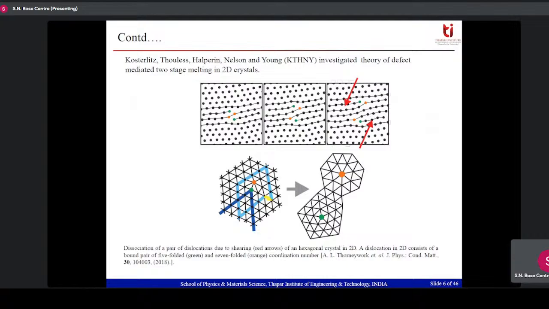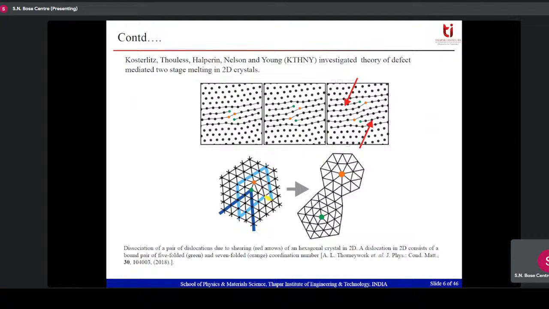Okay? And then if you increase the temperature, so this is a pair of dislocations. As you increase the temperature, this dislocation pair gets separated out. And when that happens, you get, so this is a 2D solid phase, this is a 2D hexatic phase, and this is still a hexatic phase. So these pairs are getting separated out.